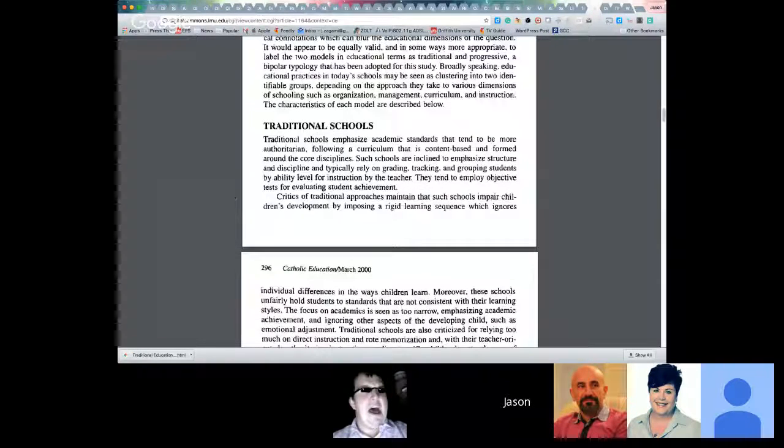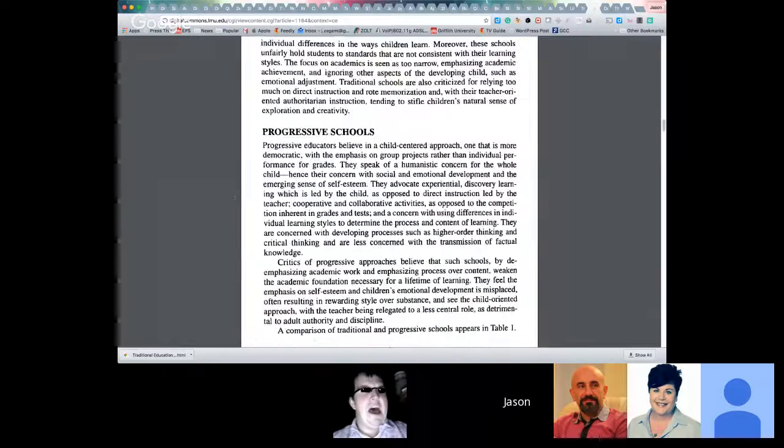While more progressive schools are seen as being child-centered, democratic, with an emphasis on projects, and looking after emotional development and self-esteem, but also aspects around collaborative and cooperative learning approaches, and a move away from direct instruction and more didactic approaches.